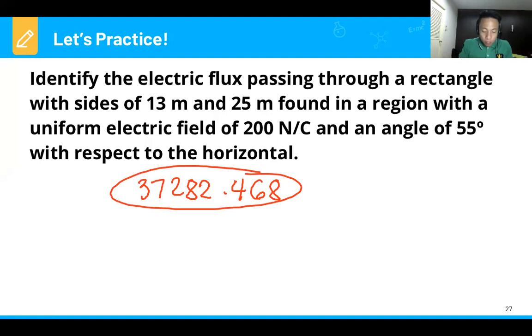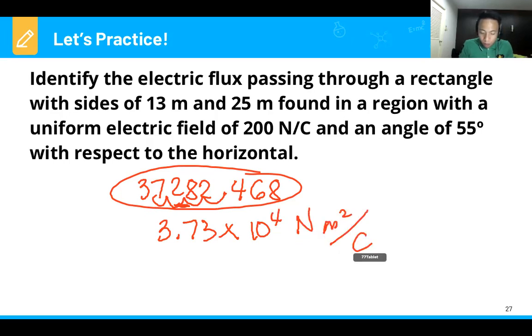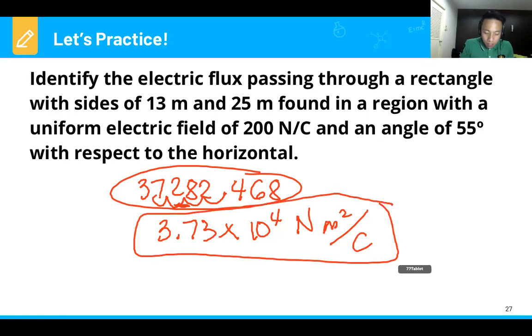So if we will put this one into scientific notation, this will become 3.73, because we have 828 there, times 10 raised to 4 Newton meter squared over coulombs. So this will be the electric flux.